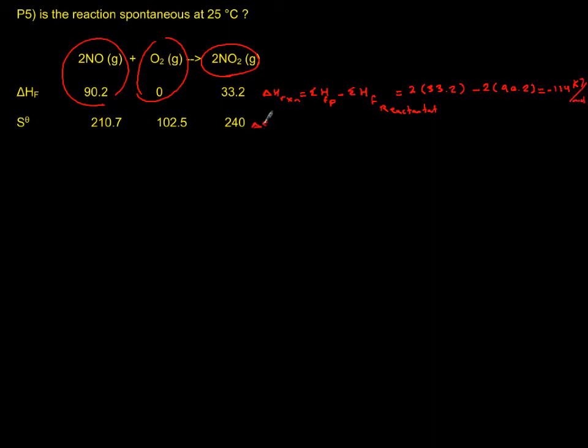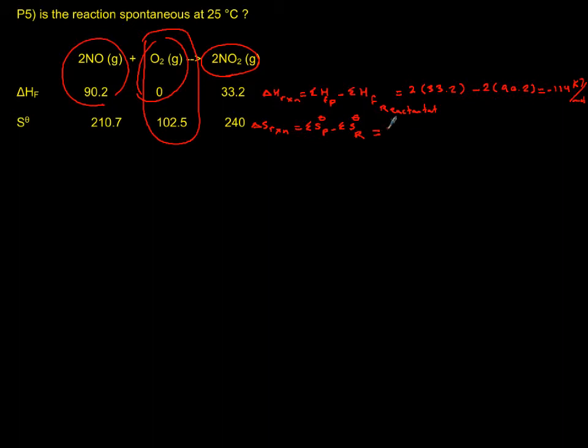Delta S of the reaction has the same sort of calculation. It's the sum of S's of products minus S standard of reactants. Now this time remember that we have entropy for elements. We can actually calculate that. We don't have delta H formation because they have been formed, but they have a disorder or randomness to them.